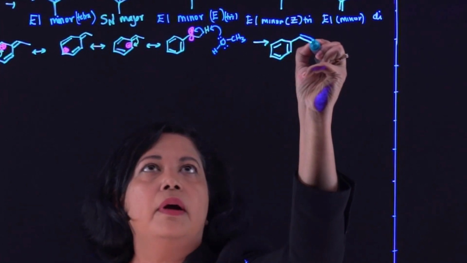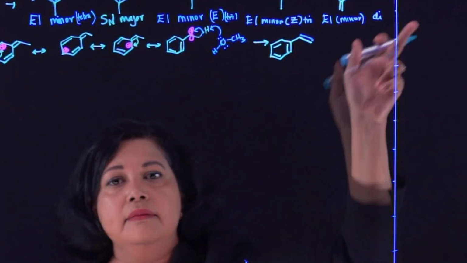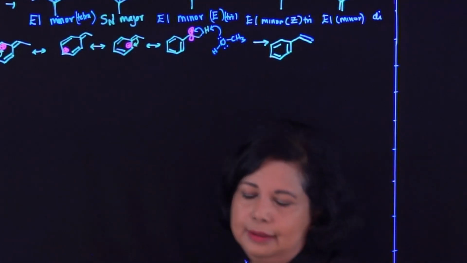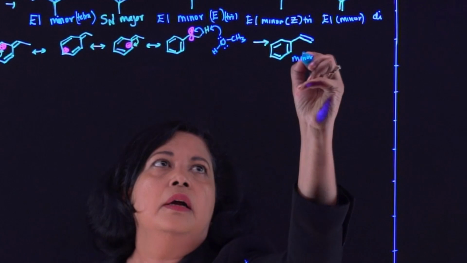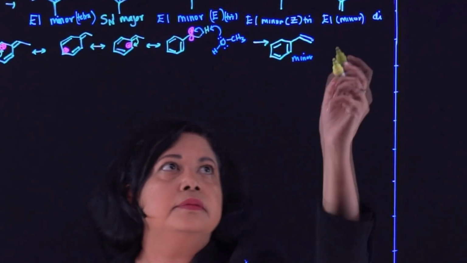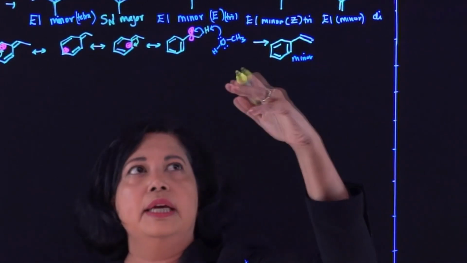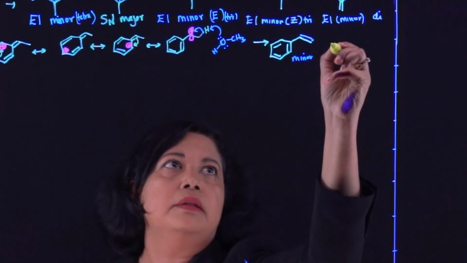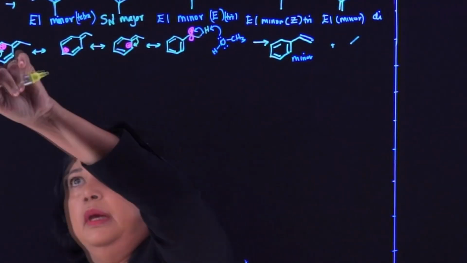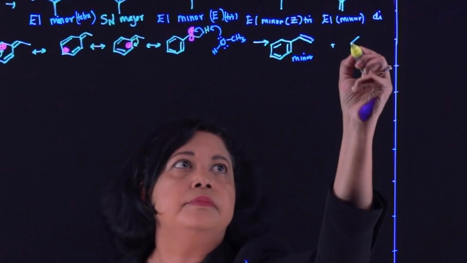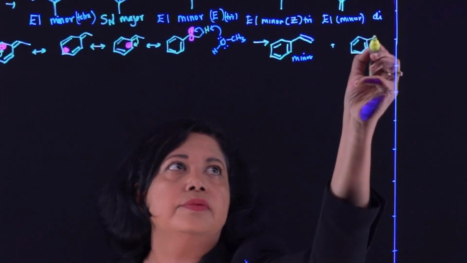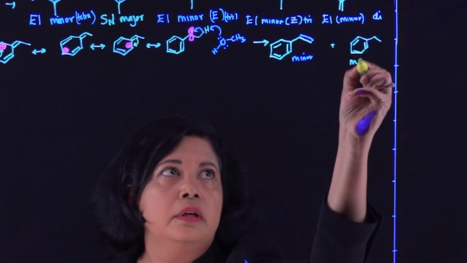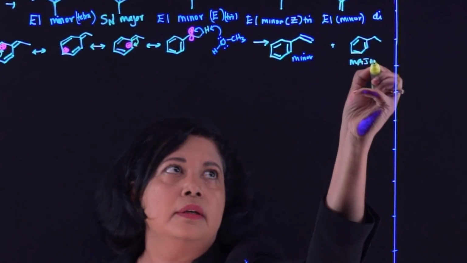So always the product of an E, whether it's E1 or E2, is an alkene. This is minor. Major again, and here we really don't have cis and trans and tri and di. There's only one possibility. There's only one methyl group here. It's not branched. And you can have major SN1.